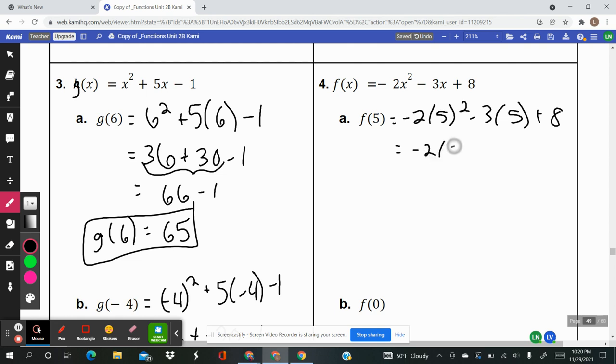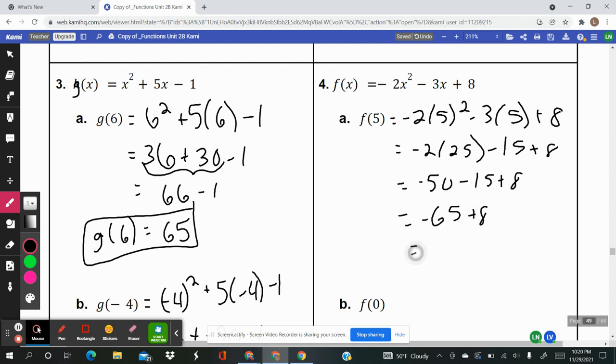So negative 2 times 25 minus 15 plus 8. Negative 50 minus 15 plus 8. Negative 50 minus 15 is negative 65. Plus 8 gives me negative 57. So f of 5 equals negative 57.